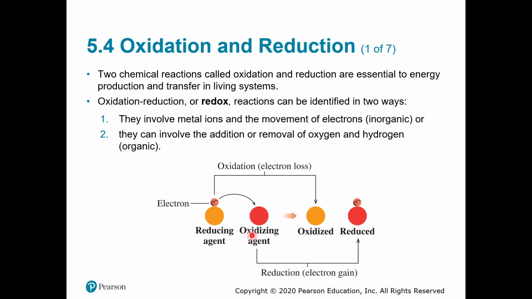And so when you gain an electron, you're going to be reduced. That's a reduction. Everybody okay with that? This is the way I've had the most luck with getting people to understand this, is to go, I'm gaining a negative electron, I'm reduced. And then the other one is oxidation, right? If I lose the electron, I have to be oxidized then.